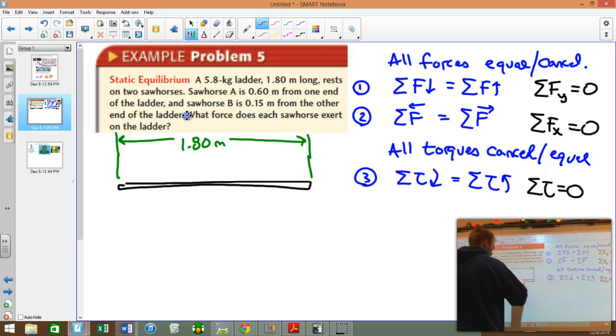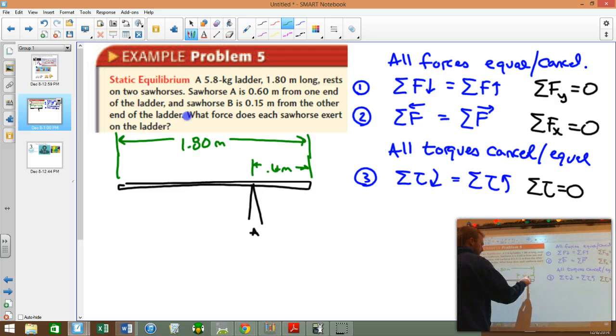So one of these sawhorses is really close to the center. We'll call it sawhorse A, and it's 0.6 meters from one side. Sawhorse B is 0.15.